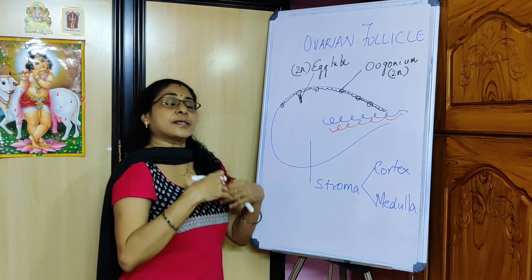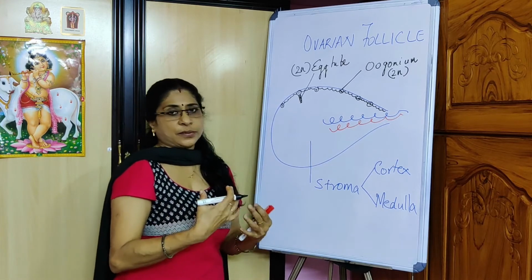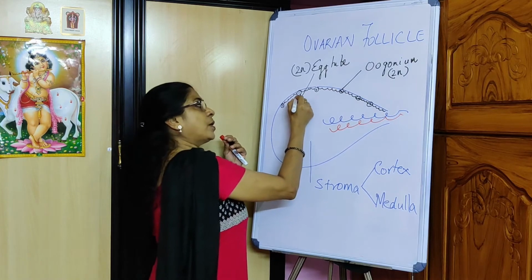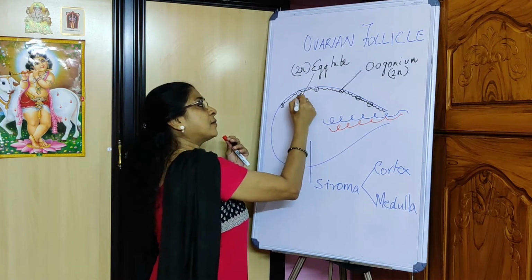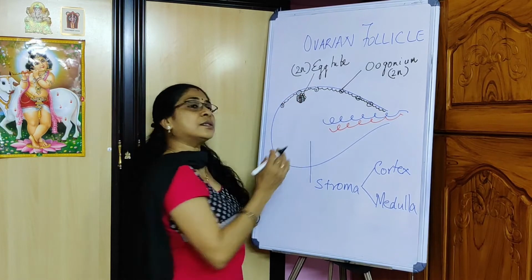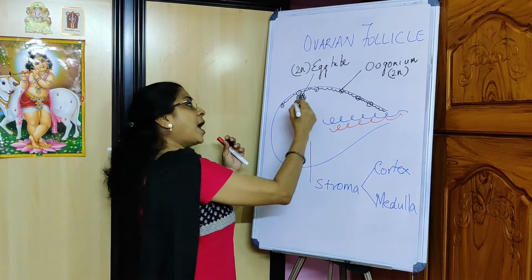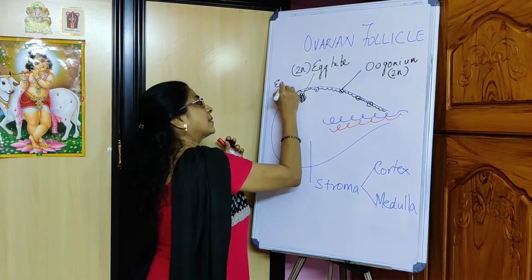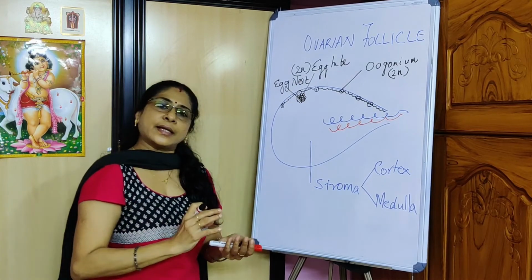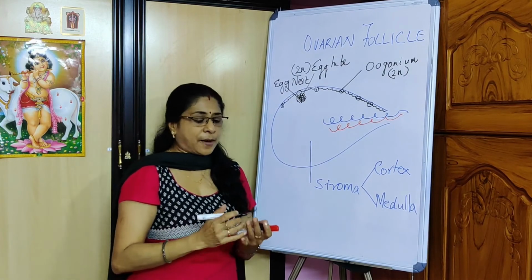What happens next? Mitotic division continues, and this egg tube now becomes a mass of cells. Instead of a tube, it clusters to form a mass of cells, and that mass is known as the egg nest. All the cells in the egg nest again would be diploid in number.